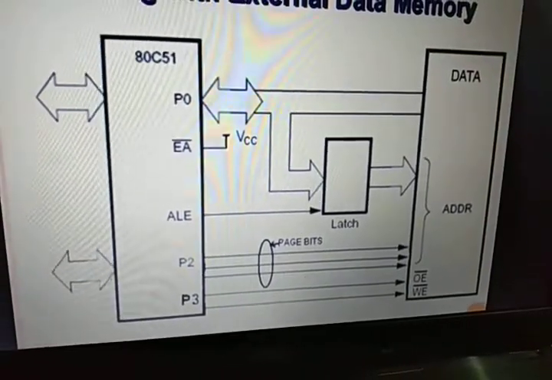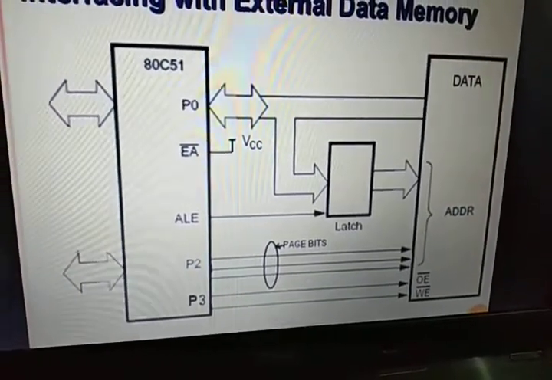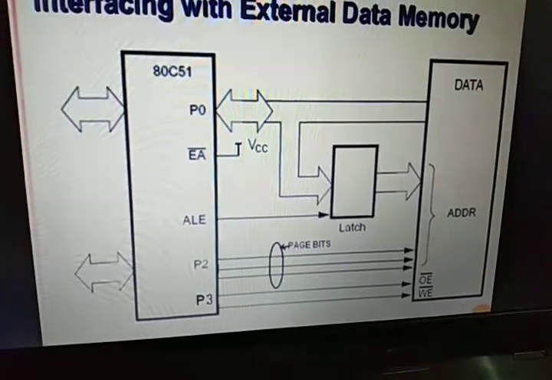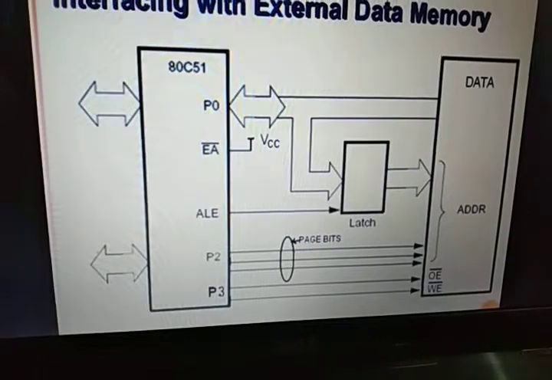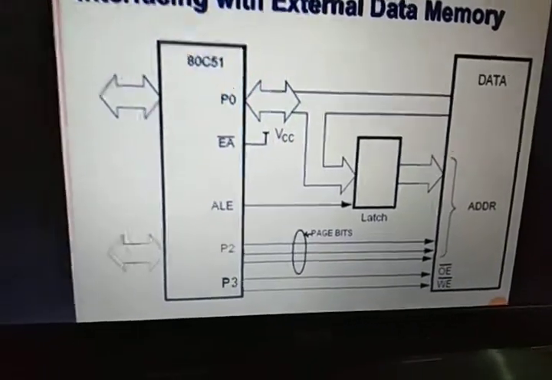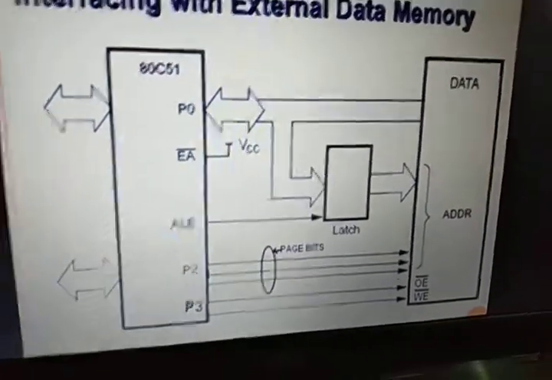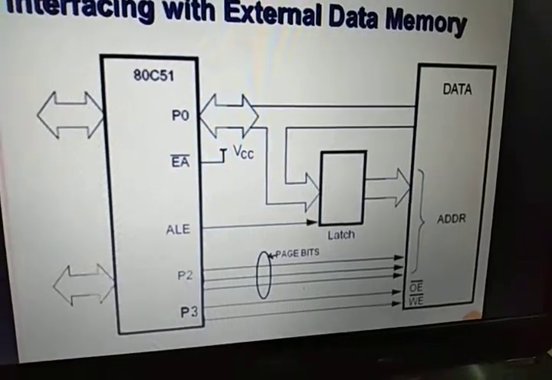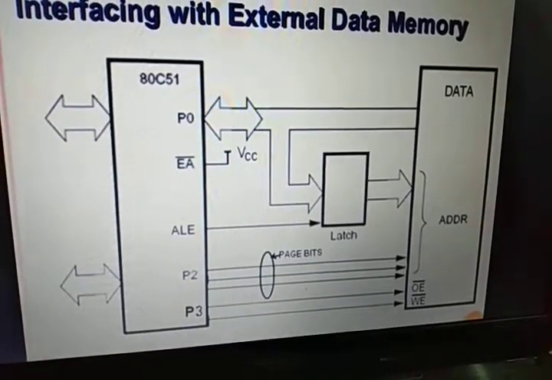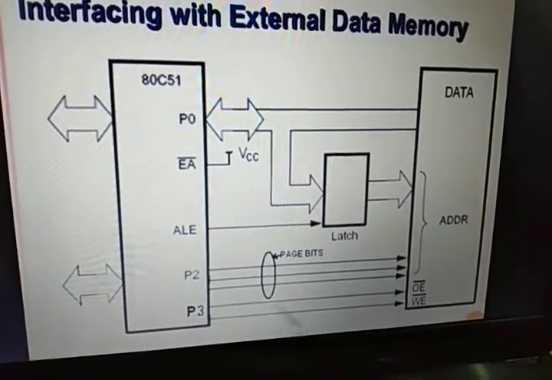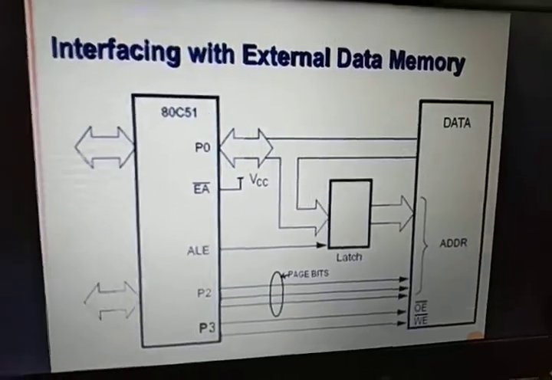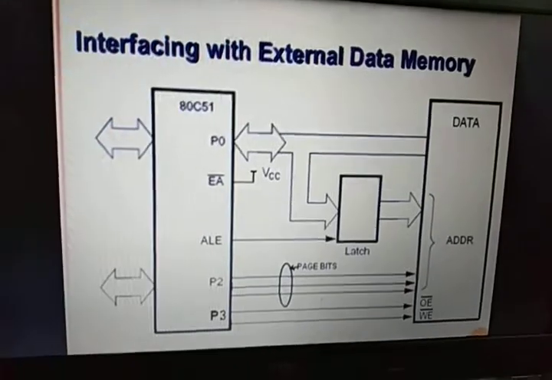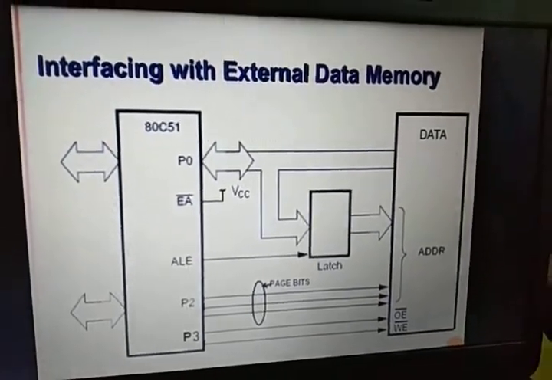As usual, first the address is sent via the ports P0 and P2, and then ALE is sent, and after that the P3 port is used to generate the output enable and write enable. P3.6 and P3.7, the last two pins, are used for generating the read and write signals for the RAM memory. So this is how the microcontroller interacts with the external RAM or ROM memories.